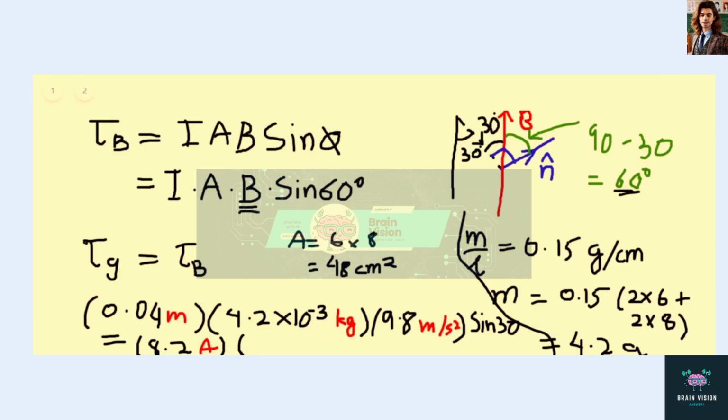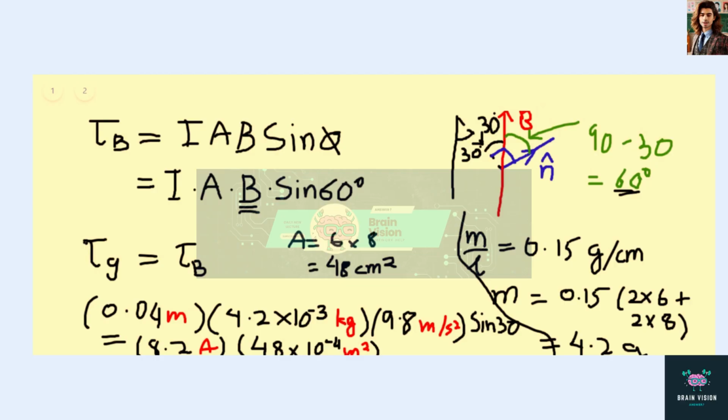In other words, this is 48 times 10 to the minus 4 meters squared.